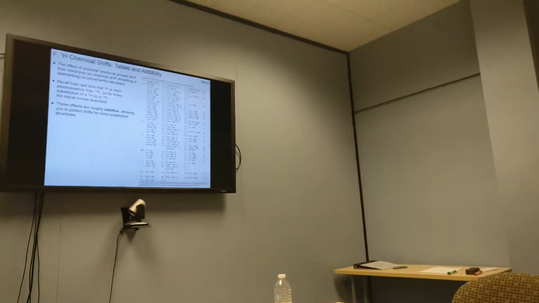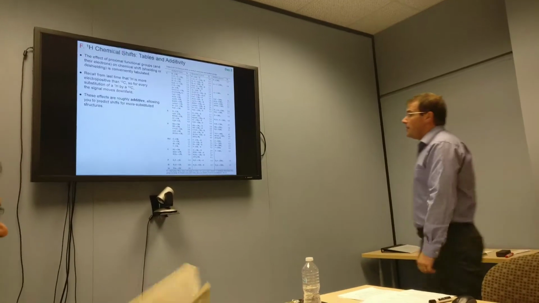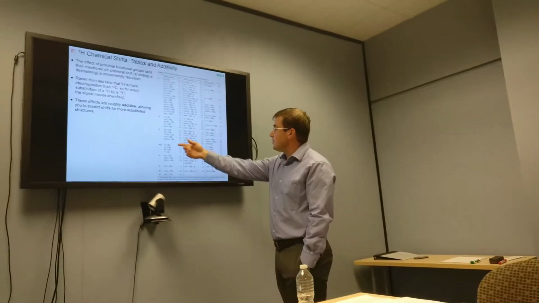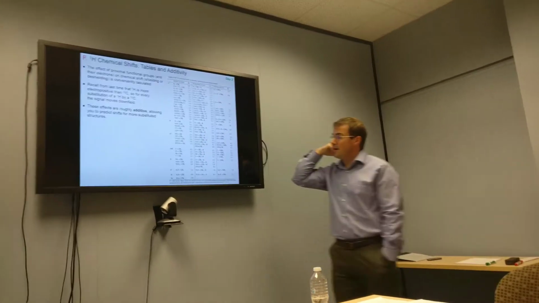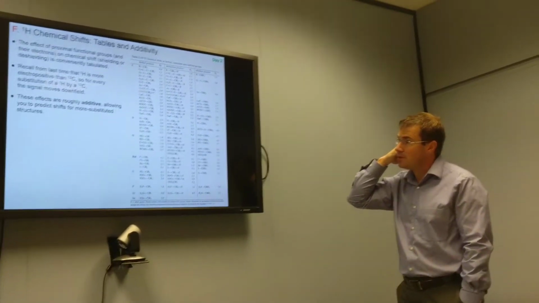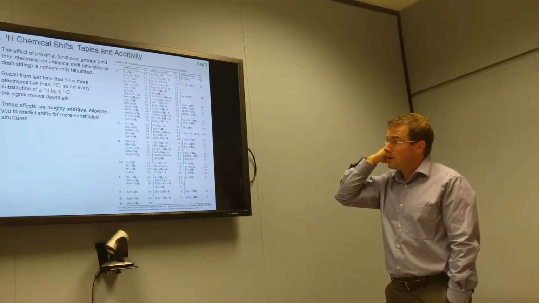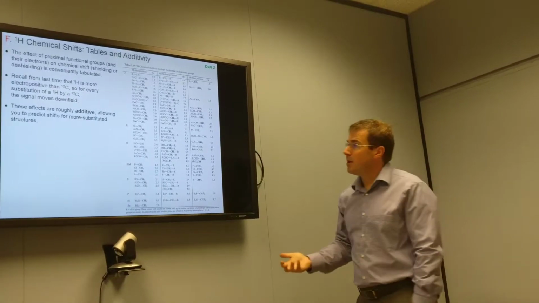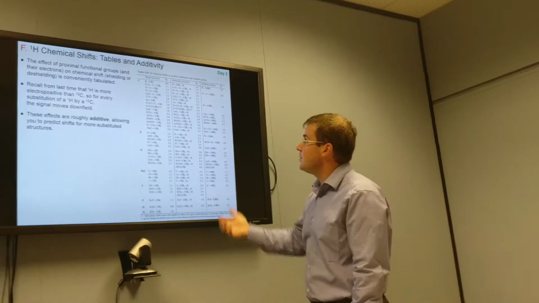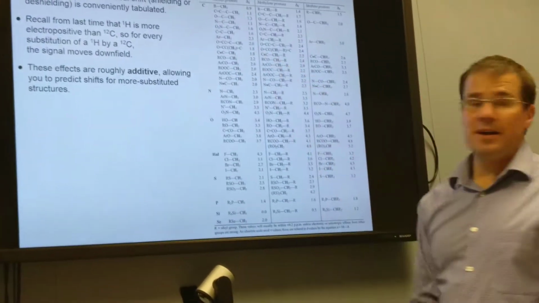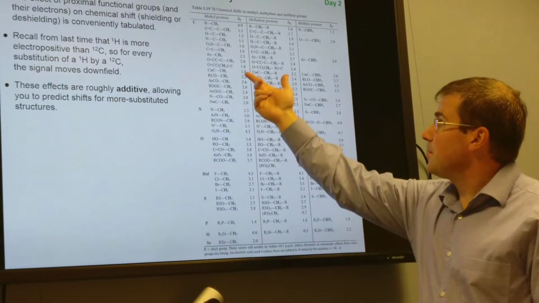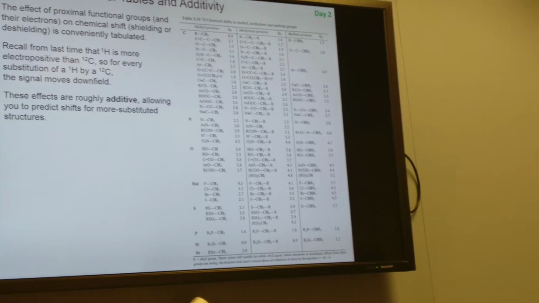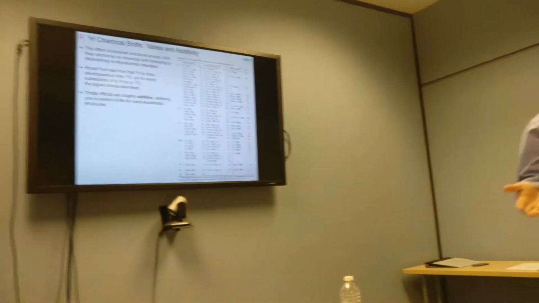So you find a list of functional groups next door to a methyl group, a methylene, and a methine set of protons. And so if you've got a fairly simple molecule that doesn't have very much nearby, except for example a methyl group that's attached to an alkyne, you might expect that methyl group to appear in your proton NMR at about 1.8 parts per million, usually plus or minus 0.2, thereabouts.